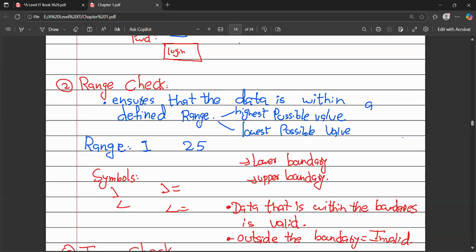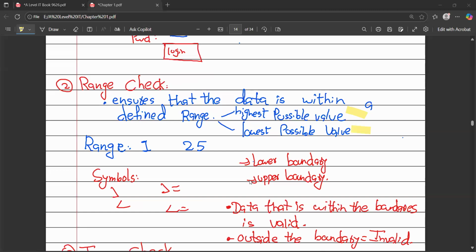And when your data is within a defined range, it is going to have two values, a highest possible value and a lowest possible value. Have you studied upper bound and lower bound in maths?